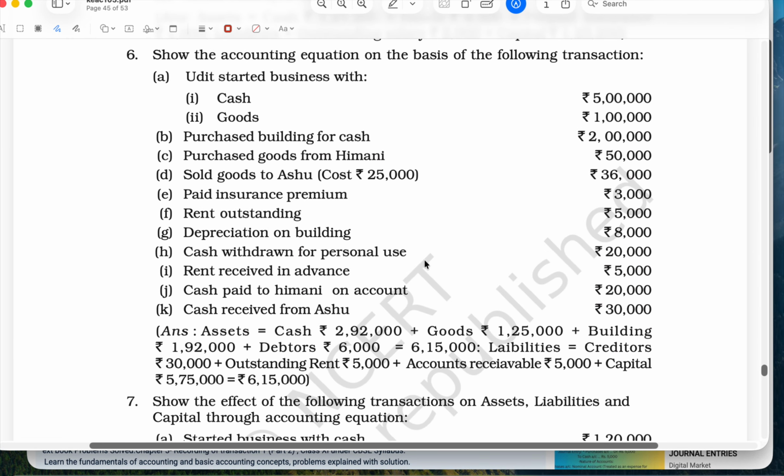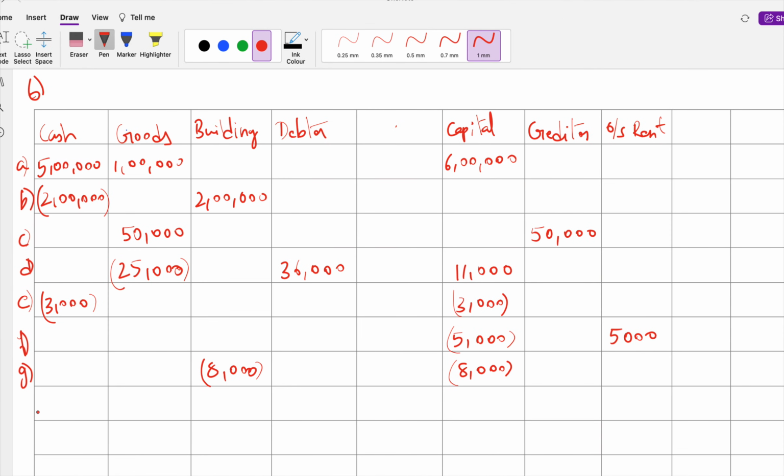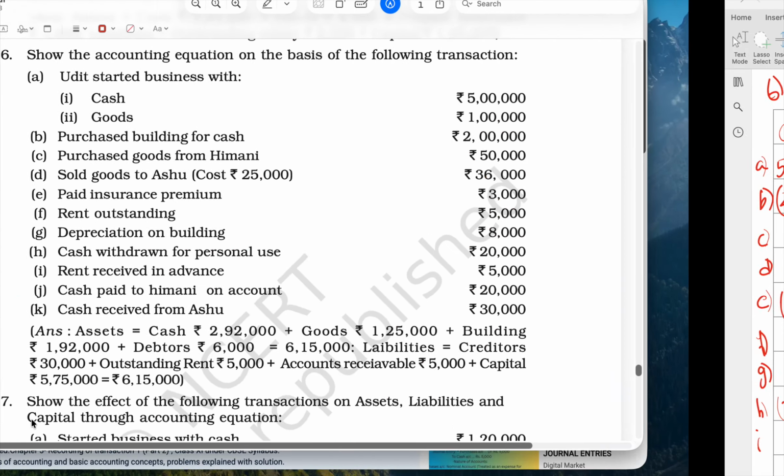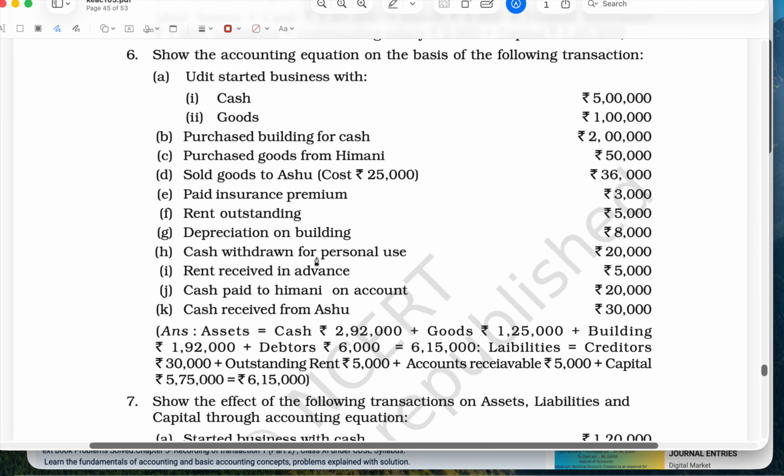H. Cash withdrawn for personal use 20,000. So it's a drawing. So 20,000 will reduce from the cash and drawings also will be deducted from the capital. We have I. Rent received in advance.